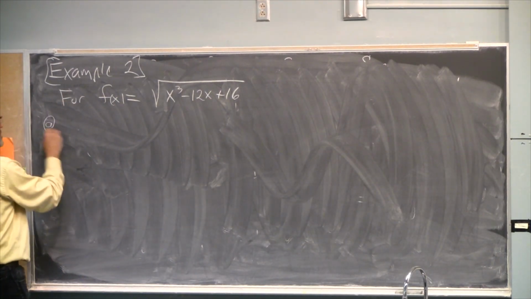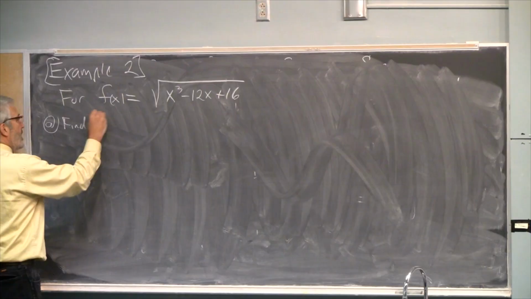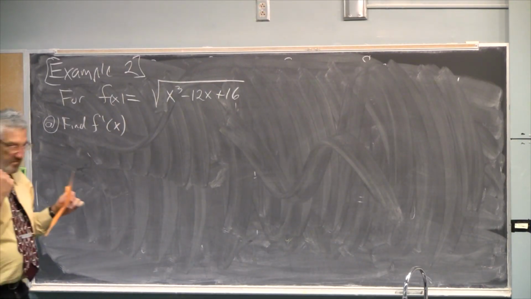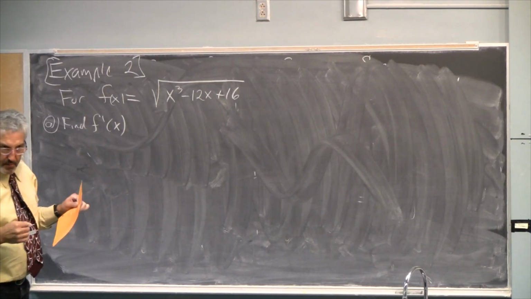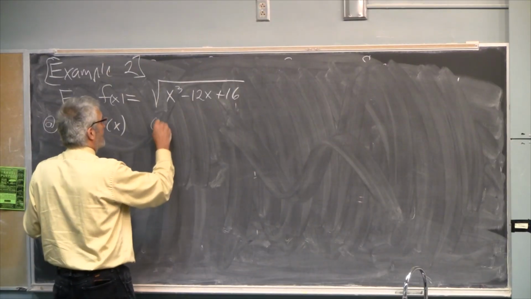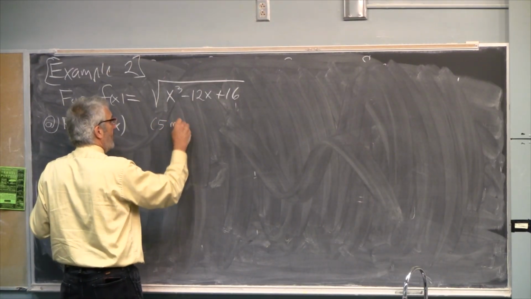A, find f prime of x. Now I'm going to be quiet and let you work for 5 minutes, and I'm going to write the rest of the problem while you're working.